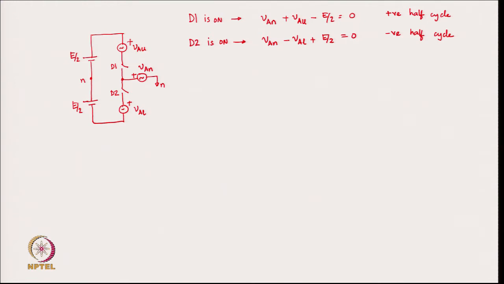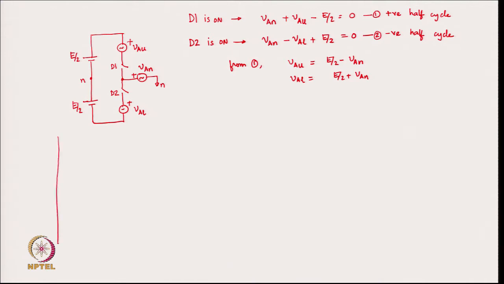So, I can call these equation number 1 and number 2. Therefore, I can write from these, VAU is equal to E by 2 minus VAN, and VAL is equal to E by 2 plus VAN, right.